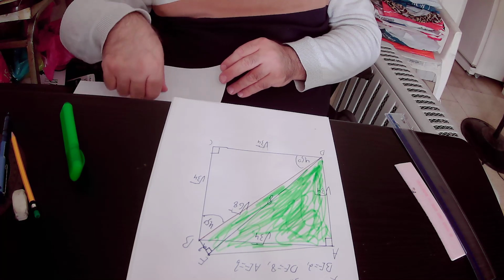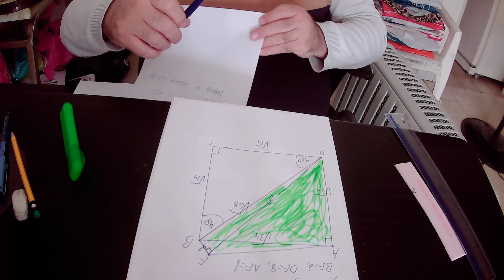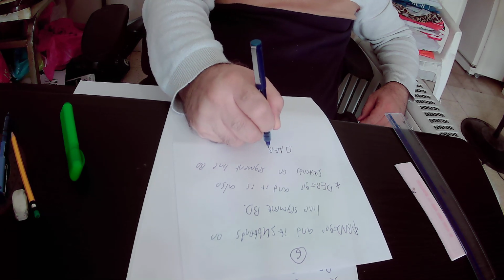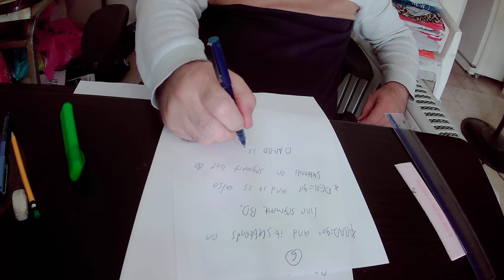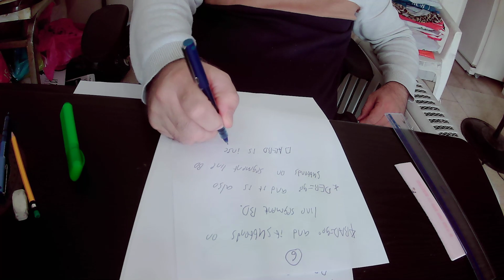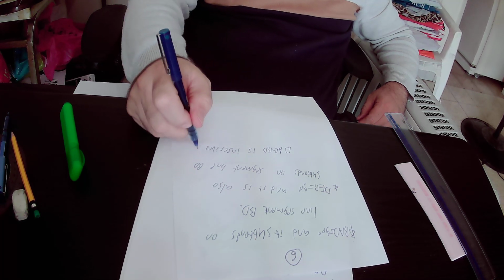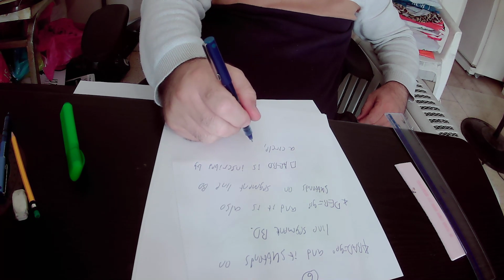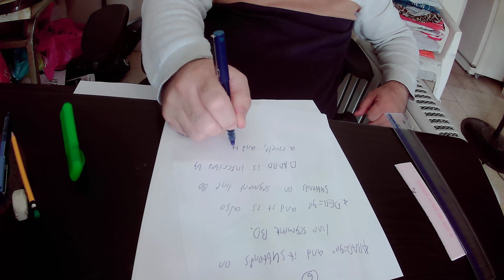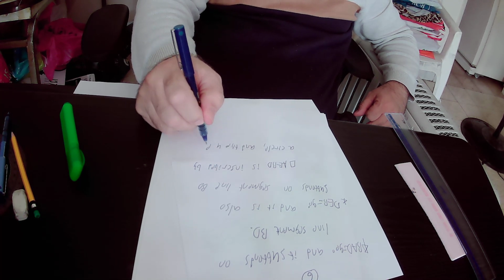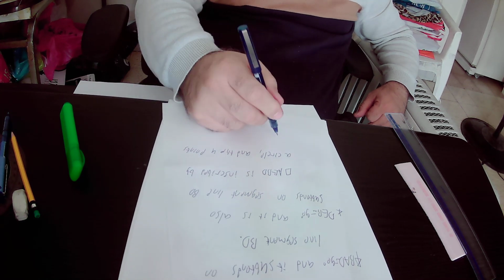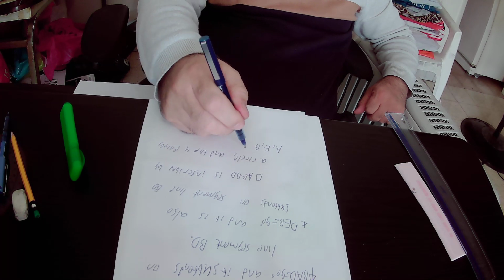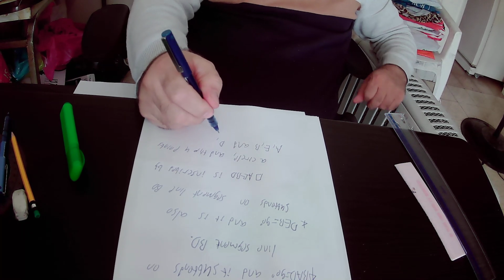So according to rule number 2, quadrilateral AEBD is inscribed by a circle, and the 4 points A, E, B, and D lie on that circle.